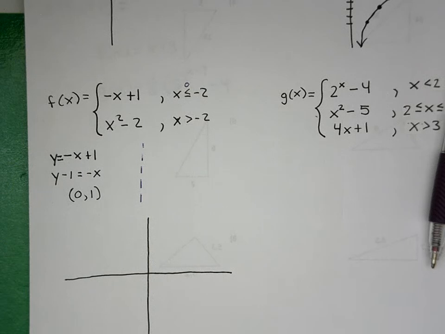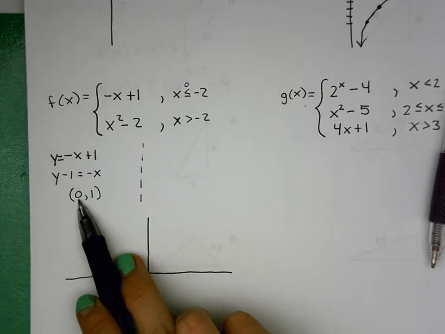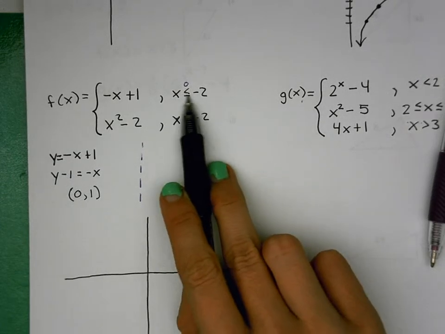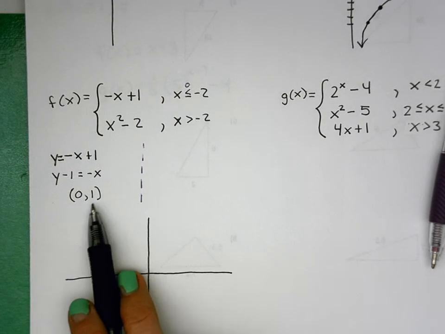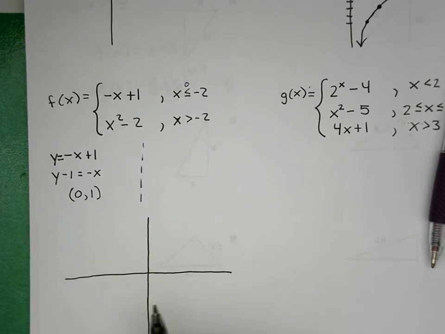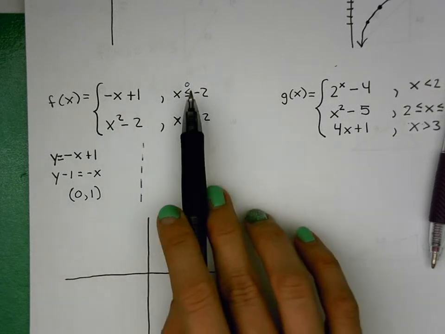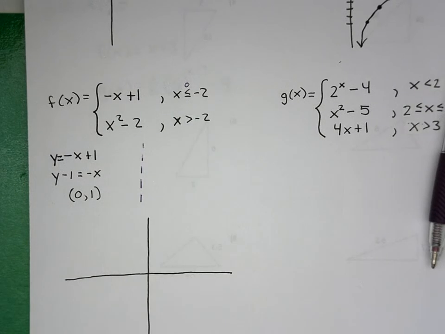So you have a choice you have to make here, because unfortunately my starting point of 0, 1, since x equals 0, does not make this statement true. 0 is not less than negative 2. I can't actually plot that point. Now I could really lightly sketch it initially if I wanted to help me with my graph, but I would need to make sure that eventually I erased it, because the only part of my linear that is showing is what's less than or equal to negative 2.